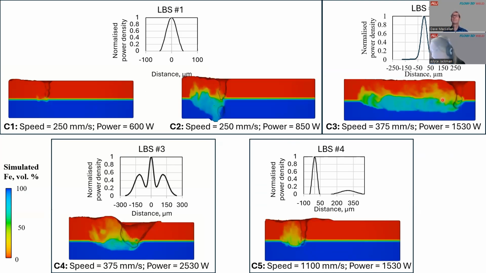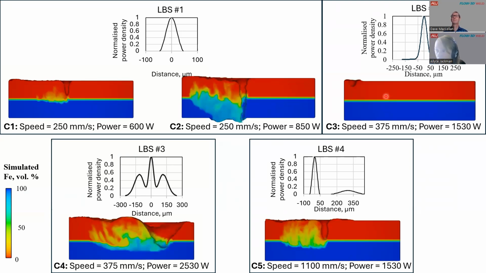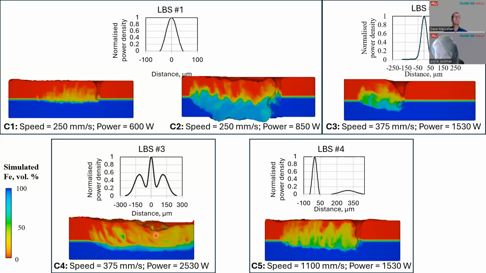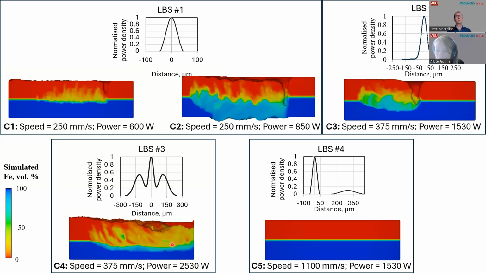Then with the next peak, more narrow Gaussian beam with a higher power, you get a lot of mixing there, right? So you're getting fusion, you're getting a lot of mixing. And then when we look at the multi-core beam, we're getting more of that keyhole stability.